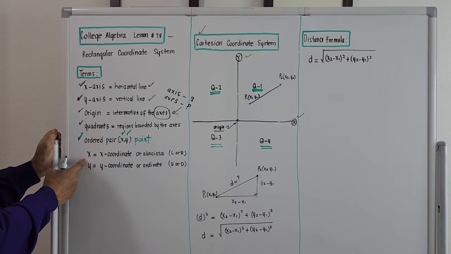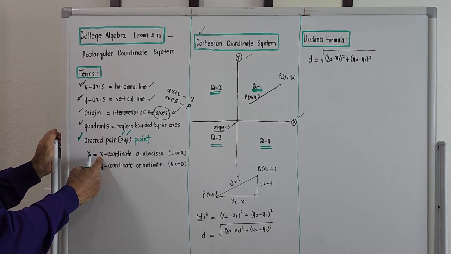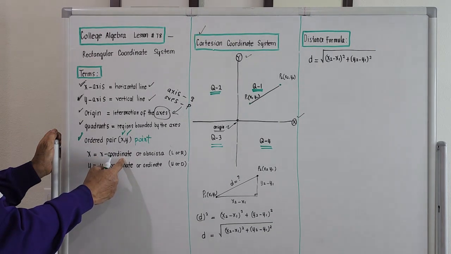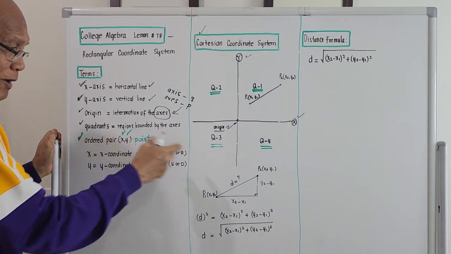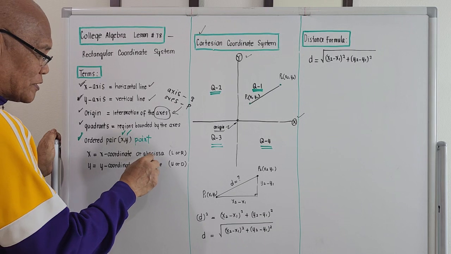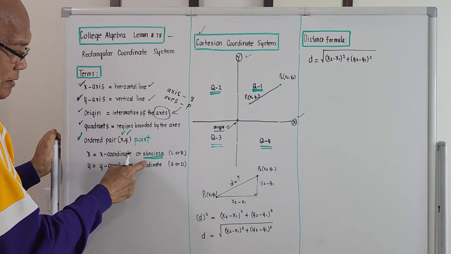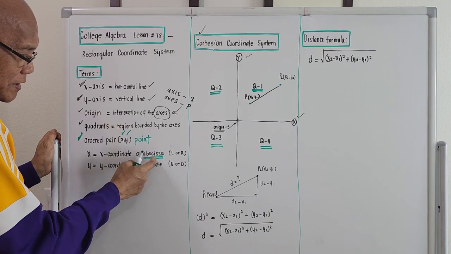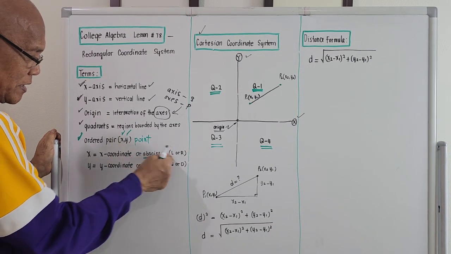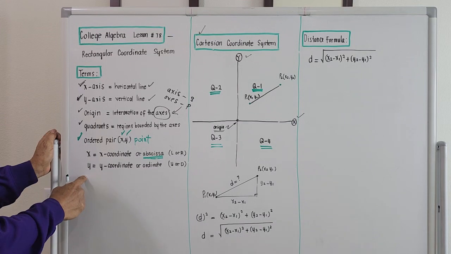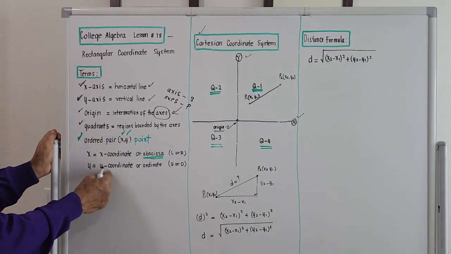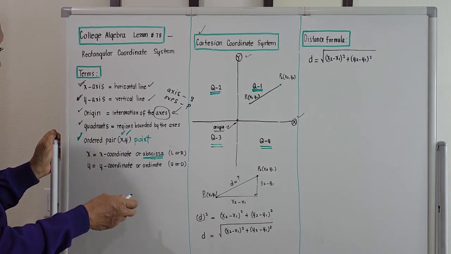For x, the other term is x coordinate, or abscissa. Abscissa is spelled A-B-S-C-I-S-S-A. And for y, we term this the y coordinate, or simply ordinate.